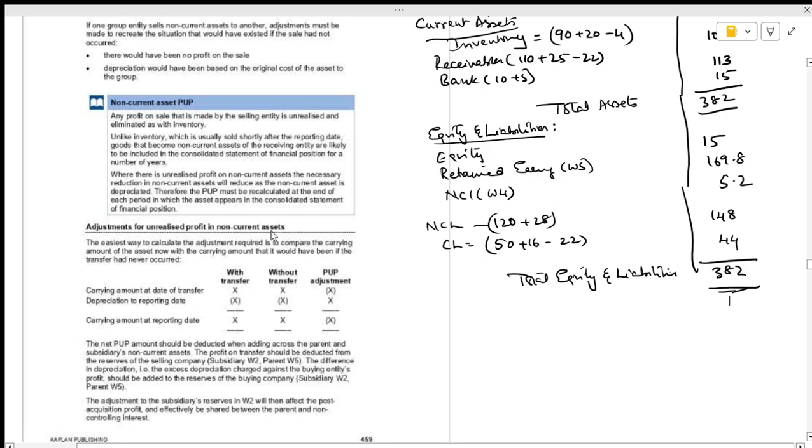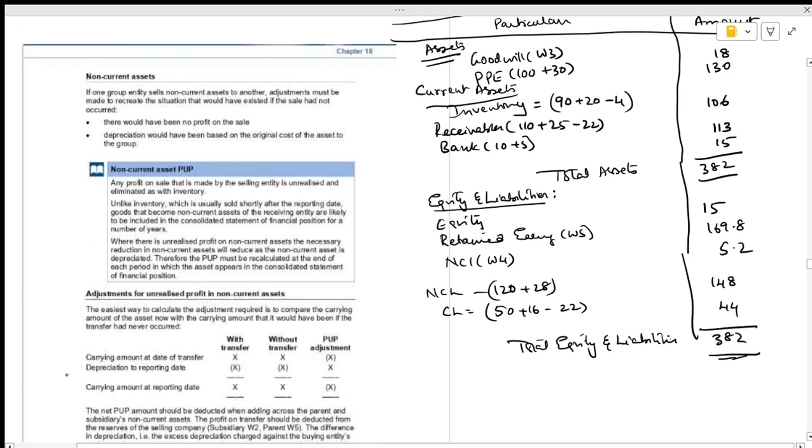Okay. Next, unrealized profit. We have done it in terms of inventory. Non-current assets follow the same process. If one group sells non-current assets to another, adjustments must be made to create the situation that exists as if there would have been no profit on sale. Depreciation would have been based on the original cost of the asset.